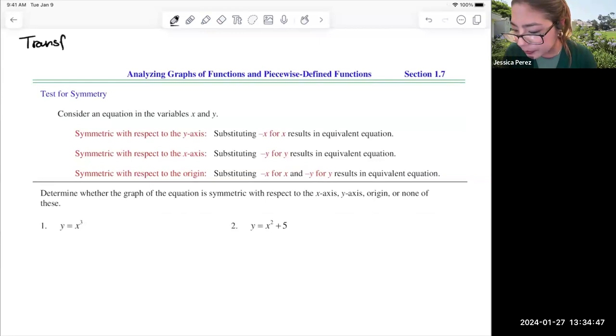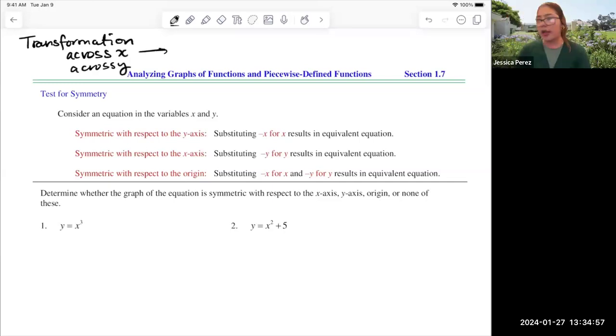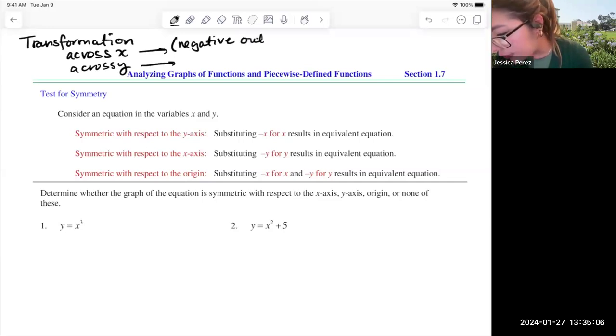Last class, when we talked about transformations, we had a transformation across the x and across the y. Across the x-axis is when you had a negative on the outside.